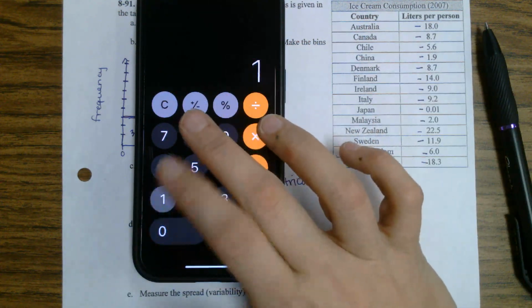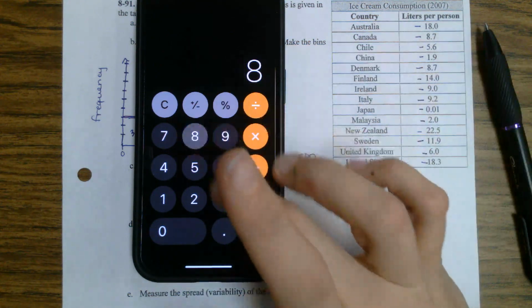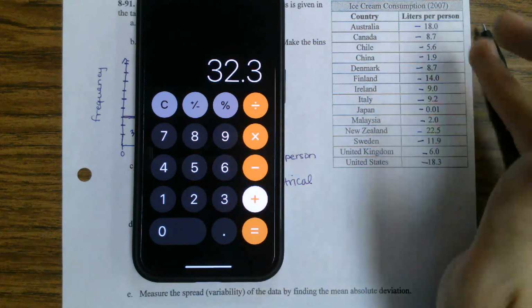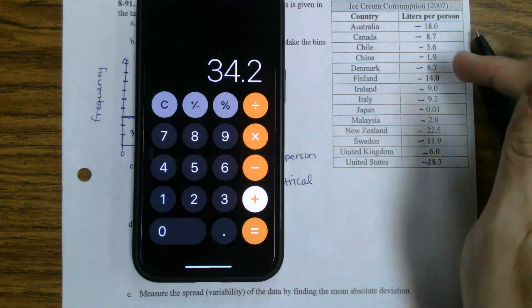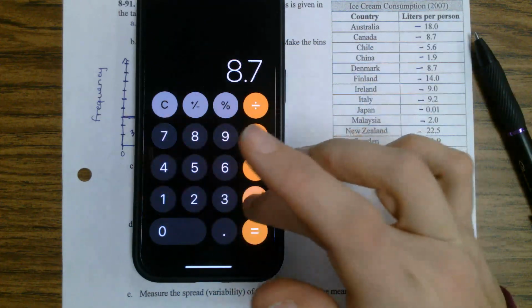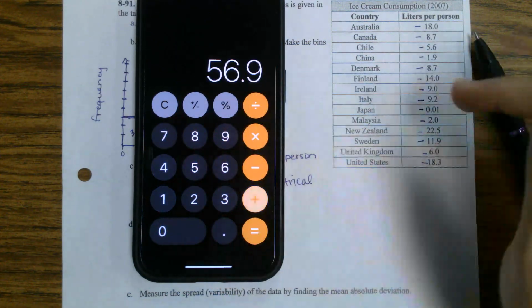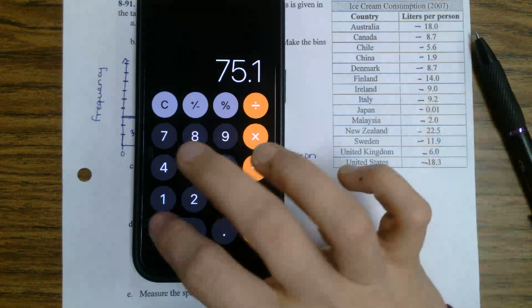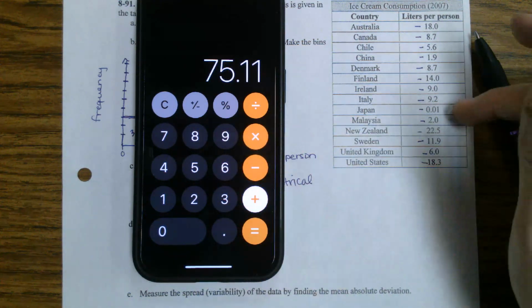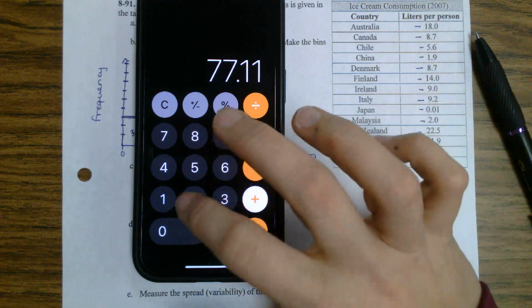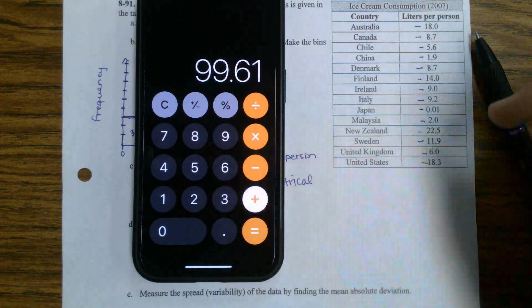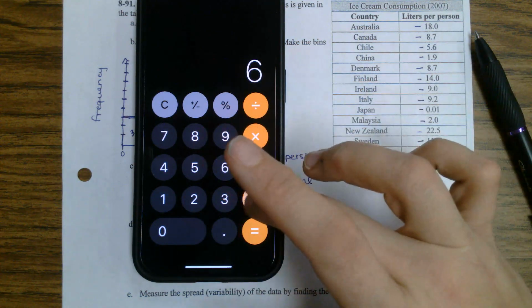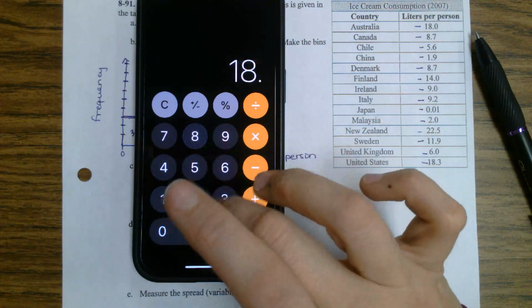I have 18 plus 8 and 7/10, 5 and 6/10, 1 and 9/10, 8 and 7/10, 14, 9, 9 and 2/10, 1/100th, 2, 22 and a half, 11 and 9/10, 6, 18 and 3/10.